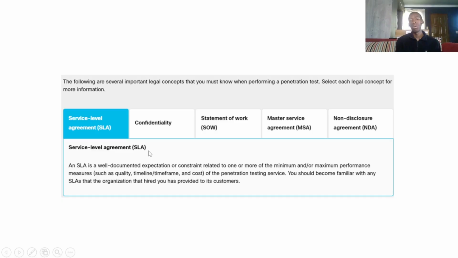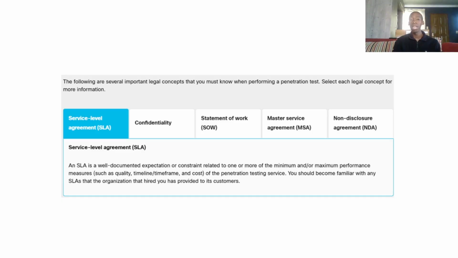If you don't know what an SLA is, it's a well-documented expectation or constraint related to one or more of the minimum or maximum performance measures, such as quality, timeframes, and cost of the penetration testing service. It's more like documentation that tells you that during this time, expect this much to be done with this amount that we want you to do it with. That's mostly your SLA.